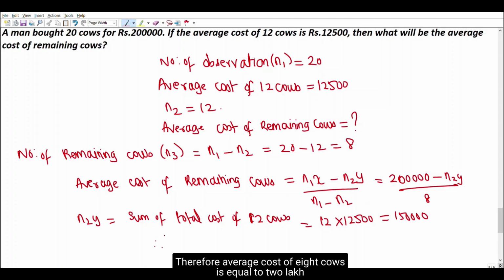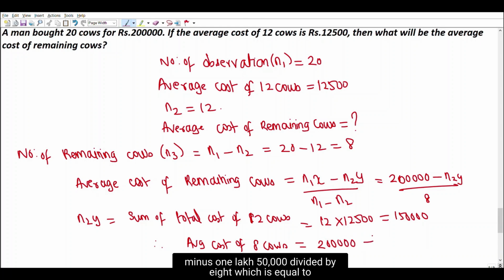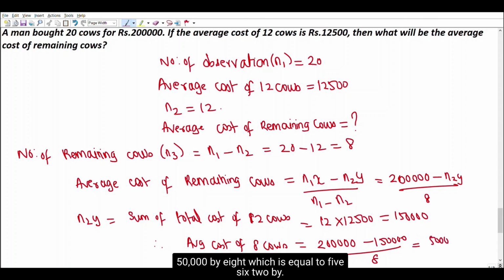Therefore, average cost of 8 cows is equal to 2 lakh minus 1,50,000 divided by 8, which is equal to 50,000 by 8, which is equal to 5625. Therefore, the average cost of the remaining cows is equal to rupees 5,625.